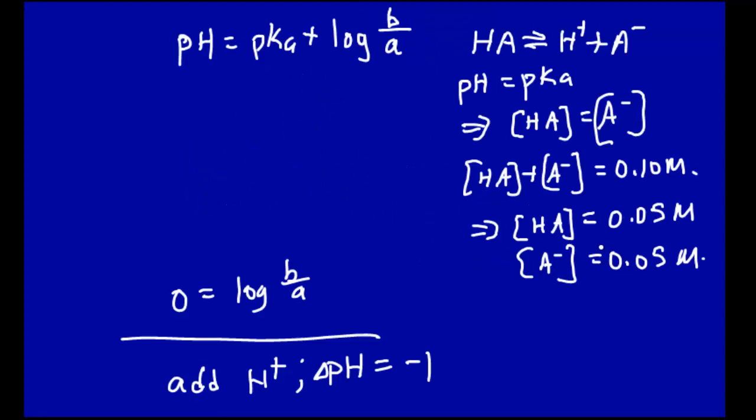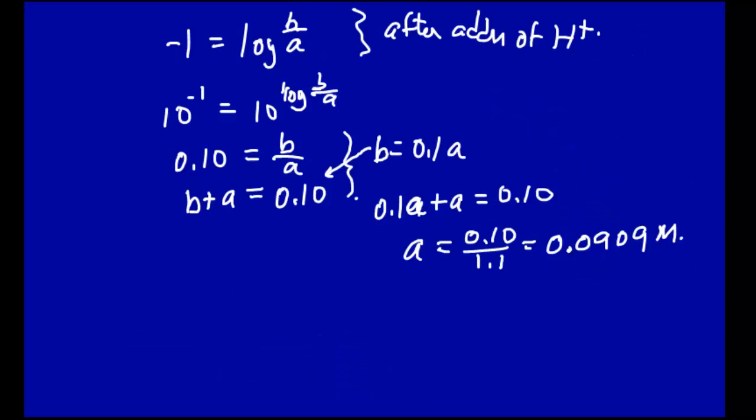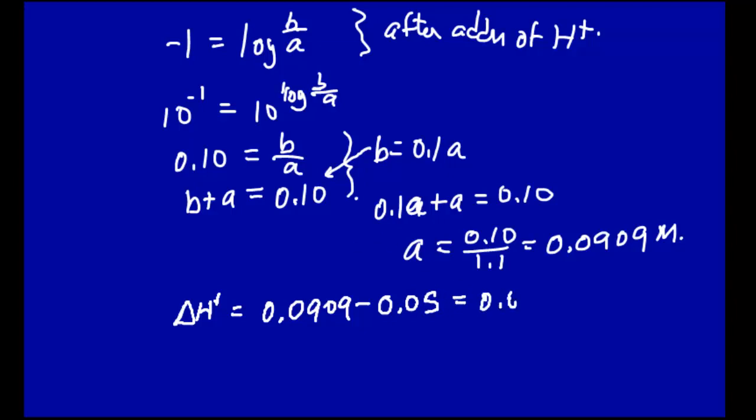So after addition of H plus, we have this much of the acid form. Before addition, we had that, this much of the acid form. All right, so by adding acid, we went from this to this concentration. So the change in H plus was, 0.0909 after, and initially you have 0.05, so the change in the acid concentration is 0.0409.